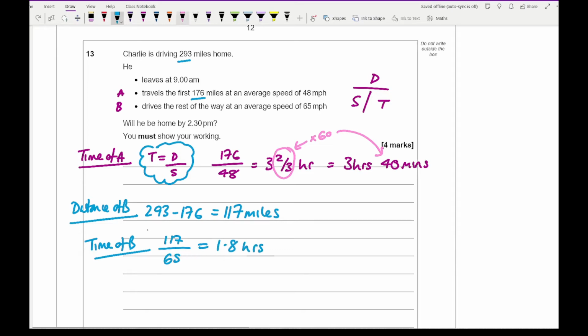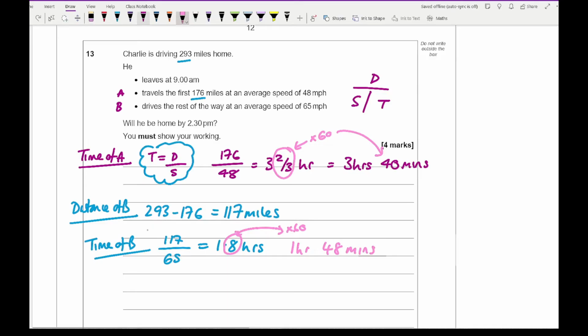Now again, to get that into hours and minutes, if I multiply the 0.8 by 60, I get 1 hour and 48 minutes.